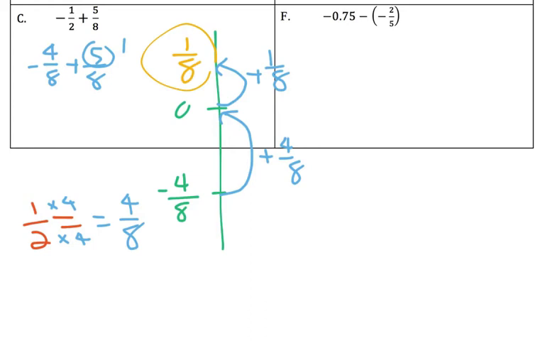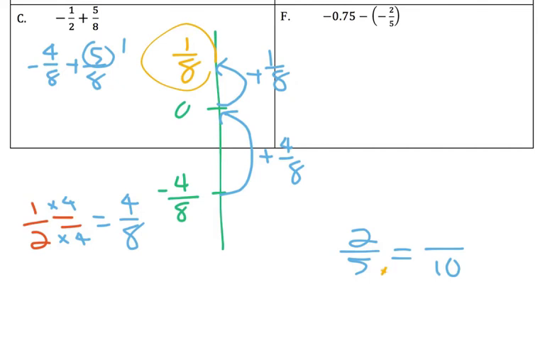All right, and then F is the trickiest level. We have negative 75 hundredths minus negative 2/5. So I'm going to start off with that 2/5, and to turn it into a decimal, I have to find a fraction that's in tenths or hundredths.